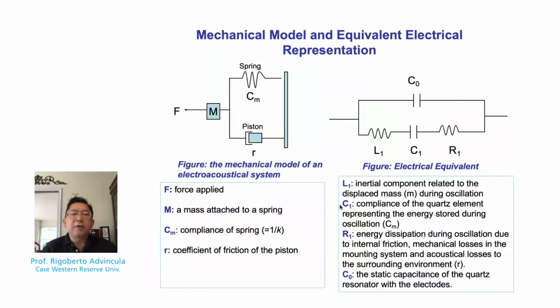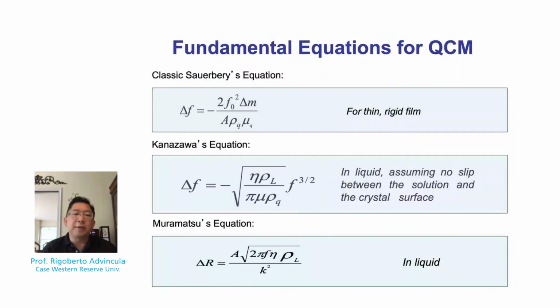On an electrical equivalent, you can see here the inertial component related to impedance, compliance of the quartz crystal, represented by capacitance, the R referring to the energy dissipation, as well as the static capacitance of the quartz resonator with the electrodes. So I'm just showing this to you to show the basis for a quartz crystal experiment, which has both mechanical and electrical equivalent representations.